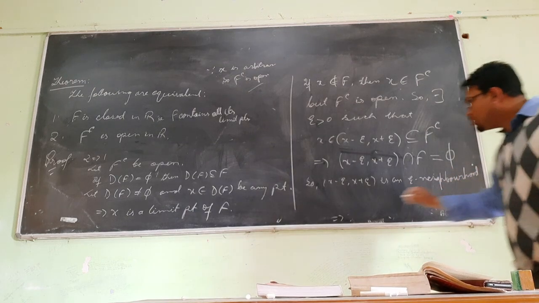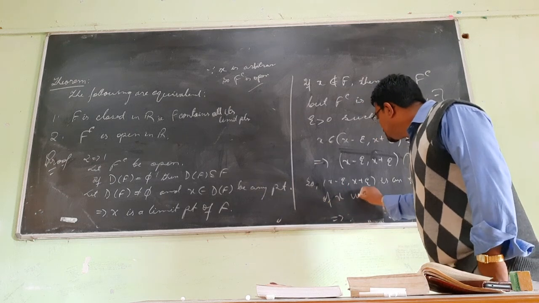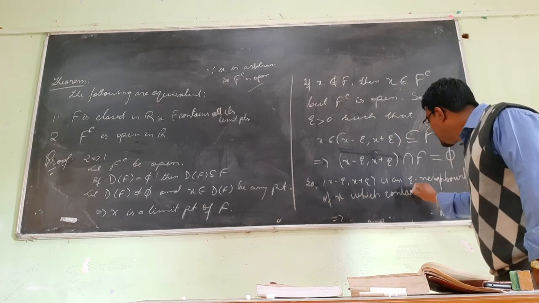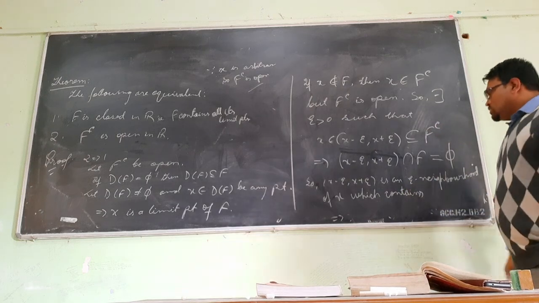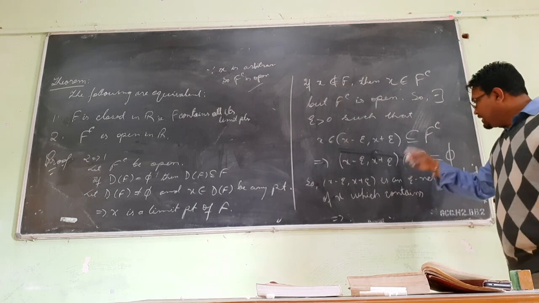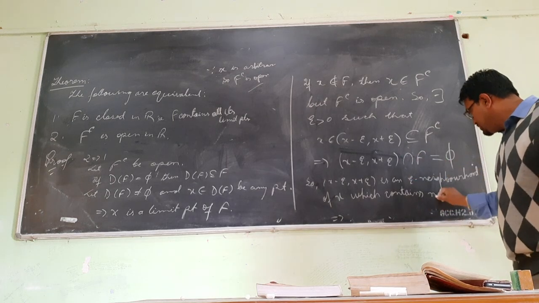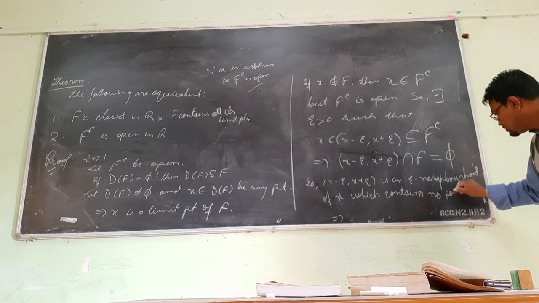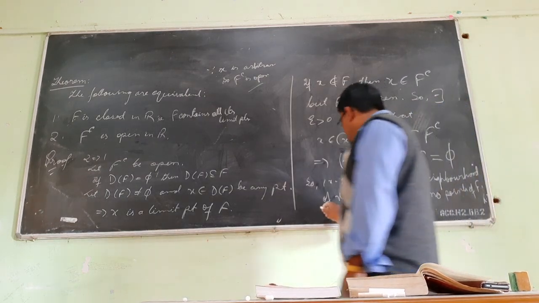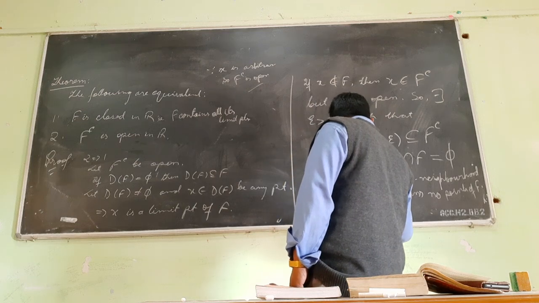If it is a limit point, it should contain at least one point. But here it doesn't contain any point of F. So therefore X cannot be a limit point.